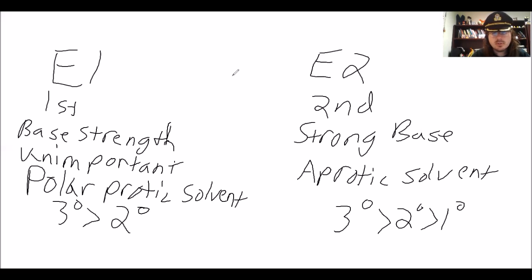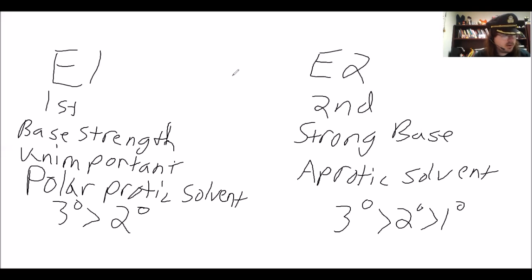E2 can occur with tertiary carbons because we are attacking with a base. The base only needs to remove the proton. It doesn't need to fit in there. It doesn't need to hang around. So it doesn't matter so much if we have an incredibly sterically hindered carbon, because we only need to pull away a single proton, as opposed to replace something and stick around.